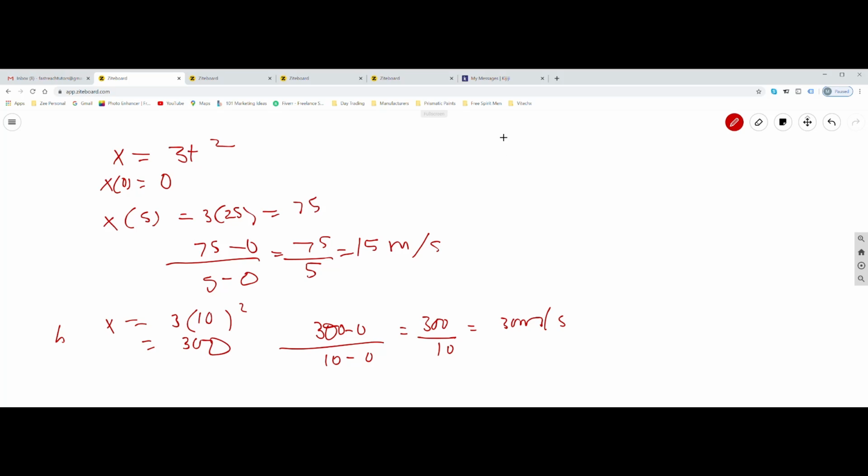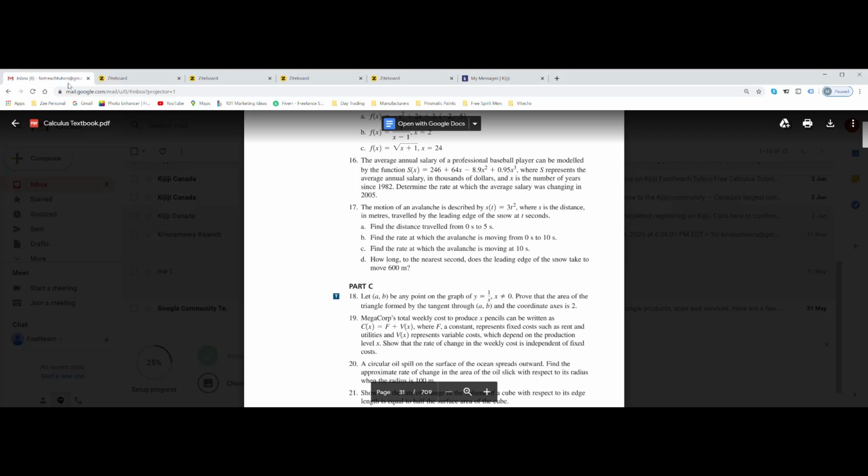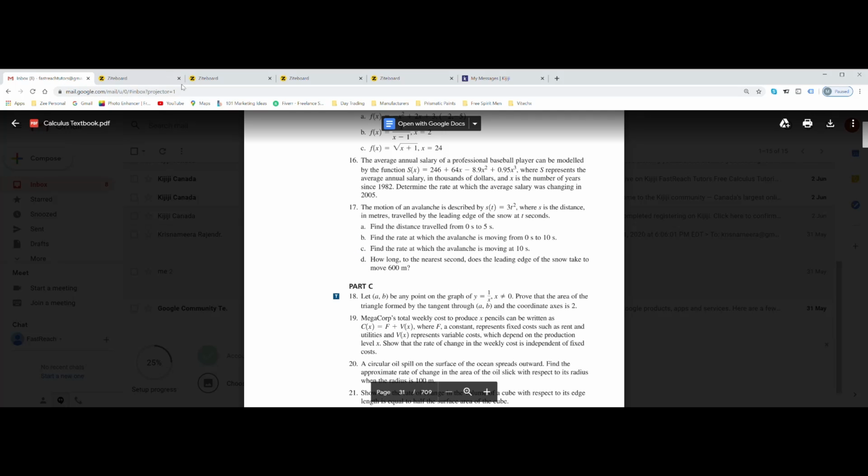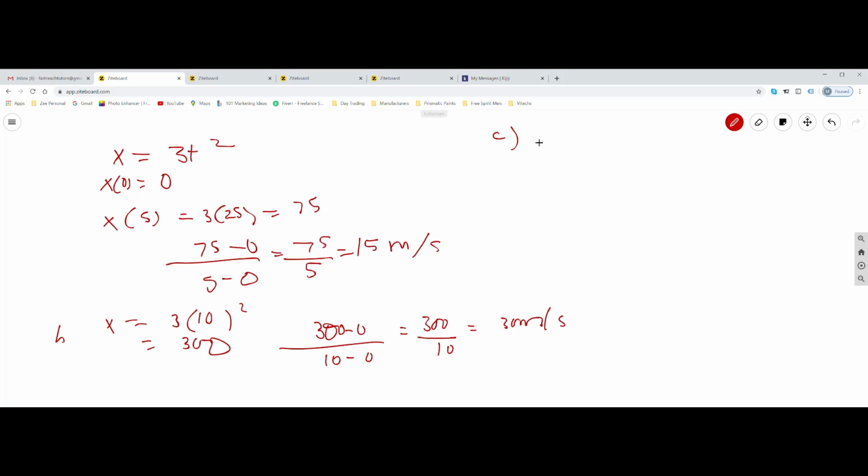Okay, I see. This is where we need to find the limit, and it's asking for at 10 seconds. So we know it's 300. We need to find it at 10, so 3 times (10 plus h) squared minus 300.